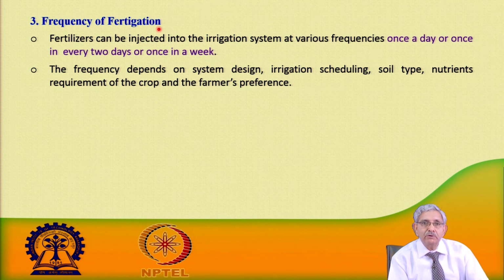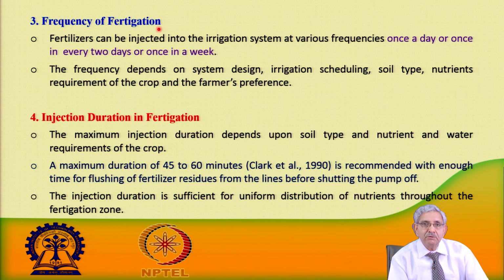The frequency depends upon the type of system design, irrigation scheduling, soil type, nutrient requirement of the crop and farmer's preference. Then, what should be the injection duration in fertigation? Normally, a maximum duration of 40 to 60 minutes is recommended, with enough time for flushing fertilizer residues from the lines before shutting down the pump.